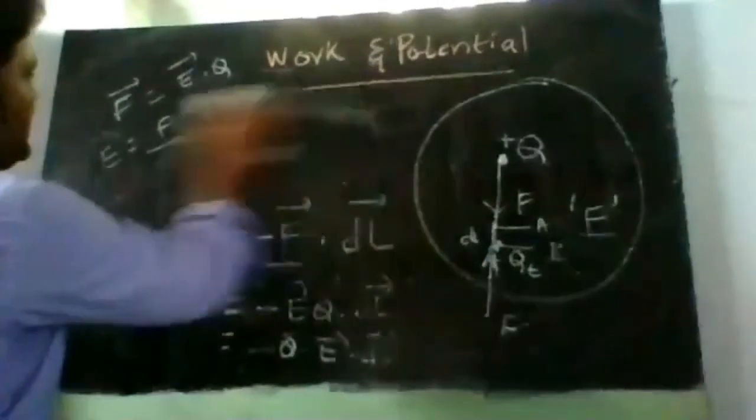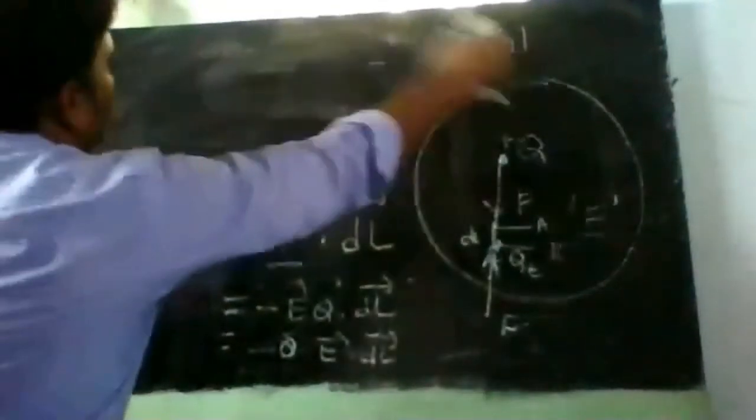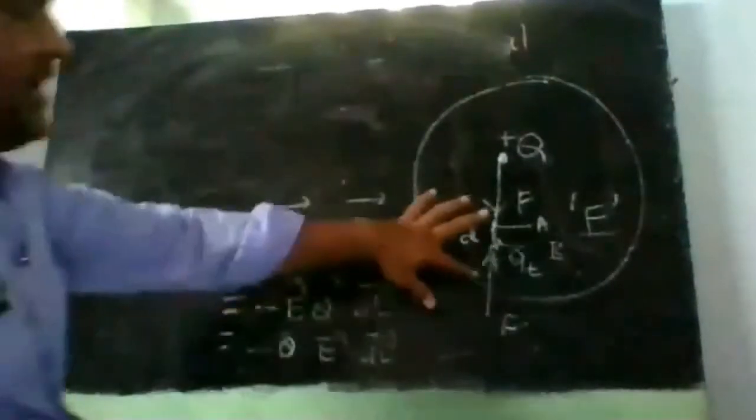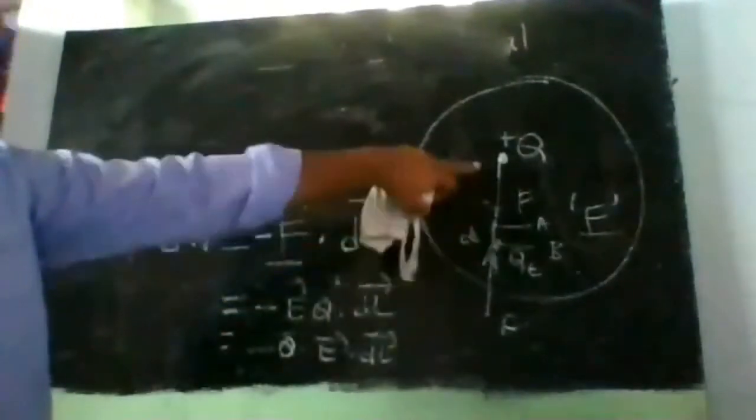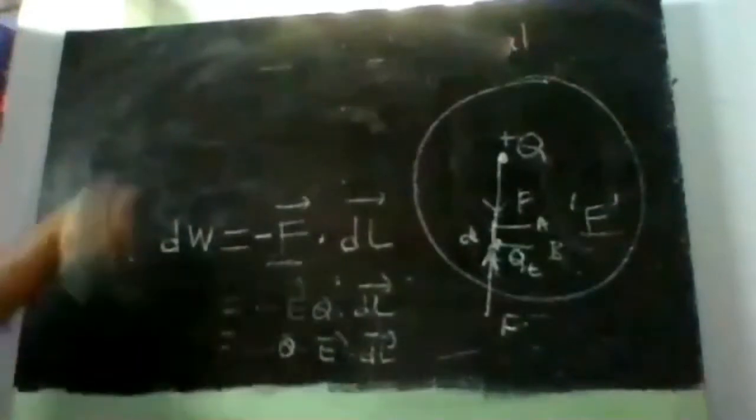Now this is the small work done. Let's say points A and B are far apart, and I want to move the charge from here to here for a larger displacement, the total amount of work.